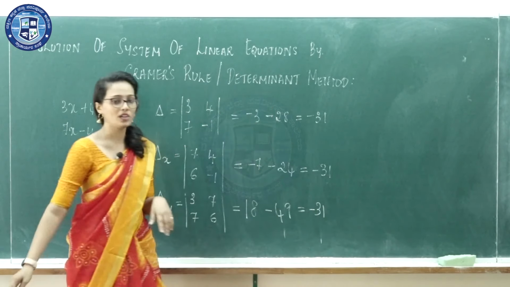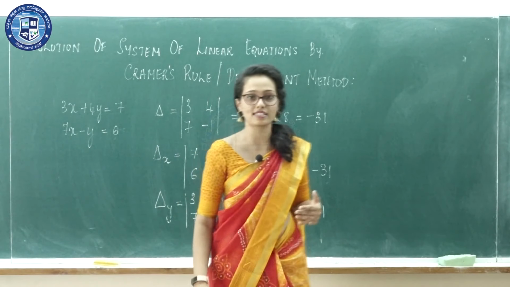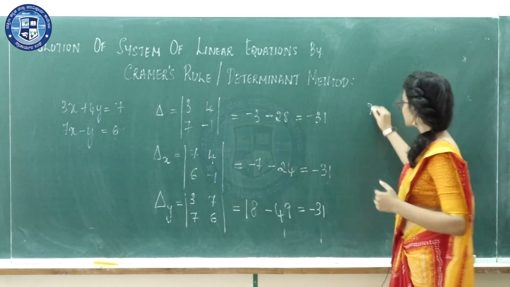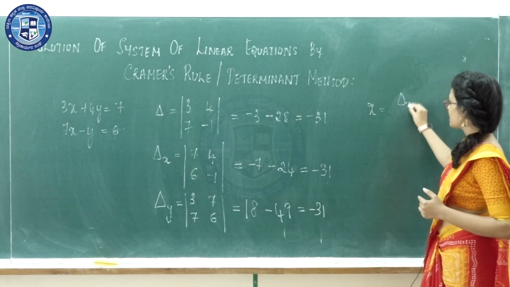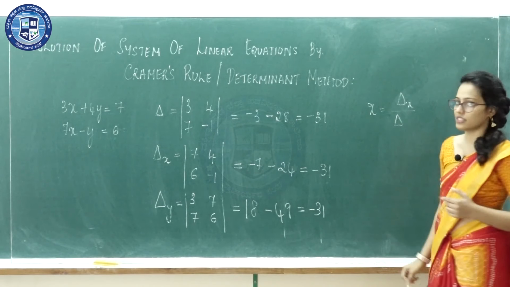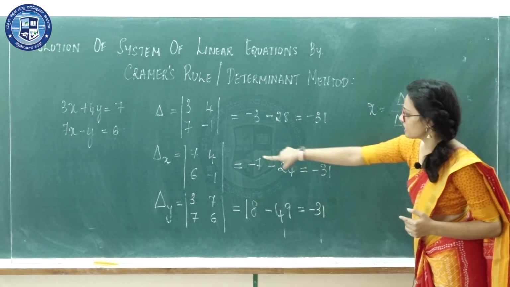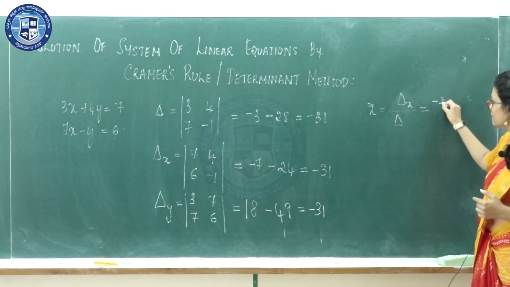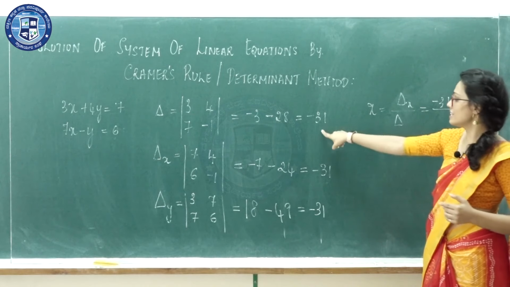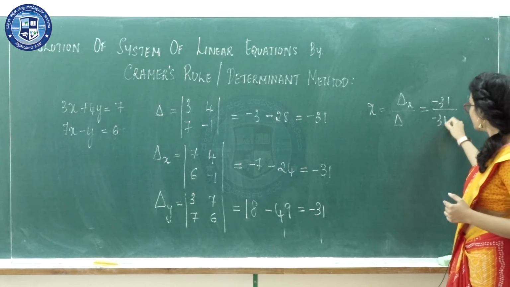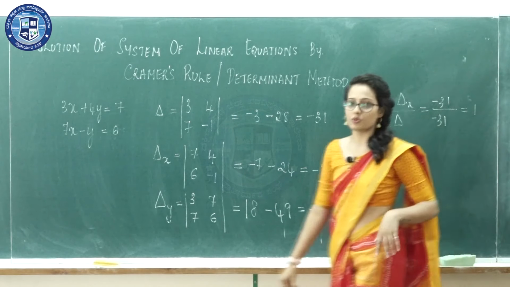Now how to calculate the value of x and y is x is nothing but delta x divided by delta. Okay, so let's calculate delta x. We have delta x is minus 31 divided by delta is again minus 31, and the answer will be equal to 1.